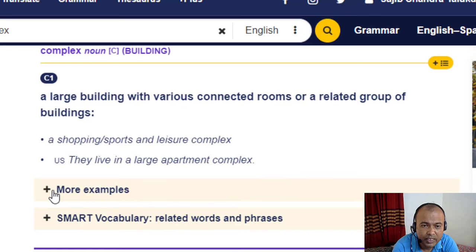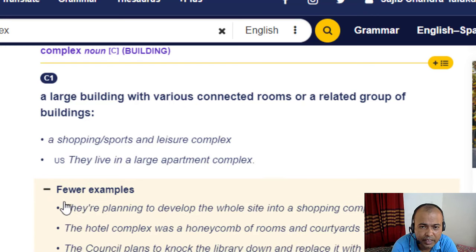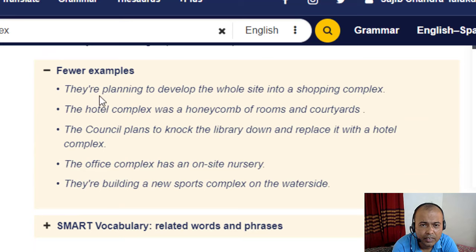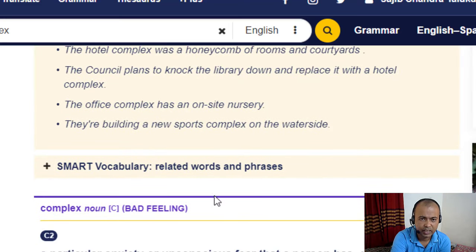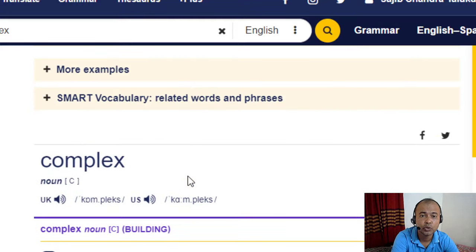So if you want to get more examples, you can click here. They are planning to develop the whole site into a shopping complex. The hotel complex was a honeycomb of rooms and courtyards. So there are many examples here. So we have got two meanings.